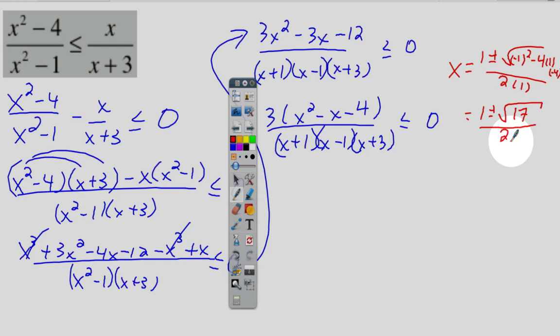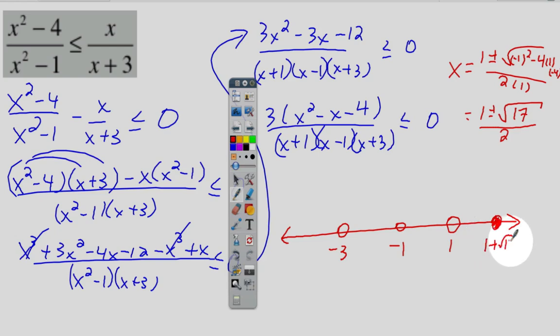Okay. Now we've got quite an interesting number line. You have to look at minus 1, 1, and minus 3. Those are the division by 0. And on the top, you have 1 plus root 17 over 2. So that's about 5 over 2, 2.5, somewhere over here.